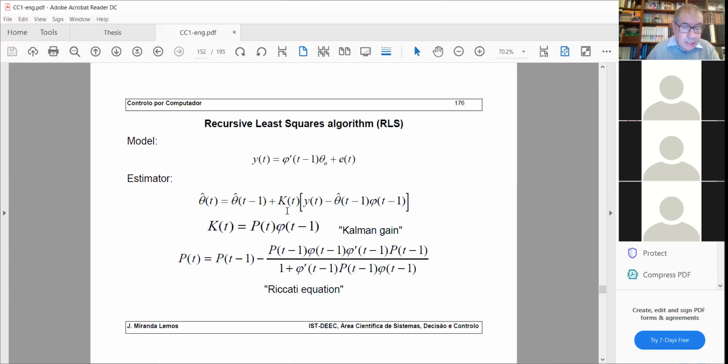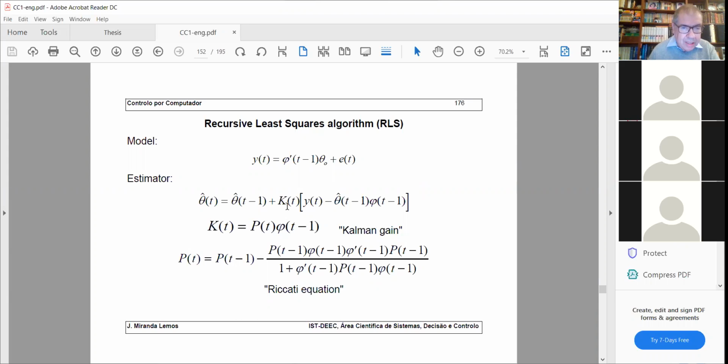The Kalman filter is a way of estimating the state of a linear system, and you actually say that the new state is a previous state plus a gain times some output error. Okay.